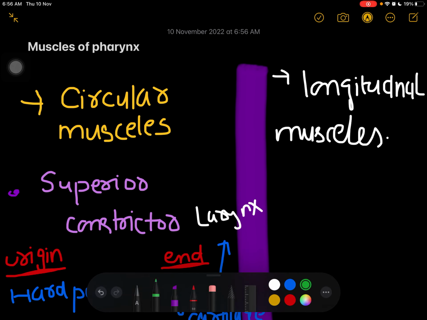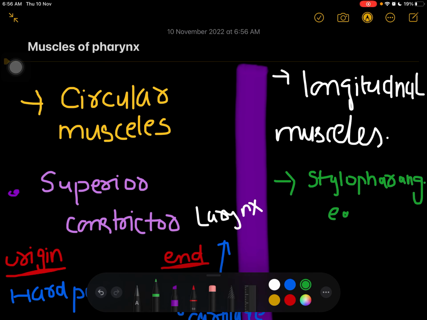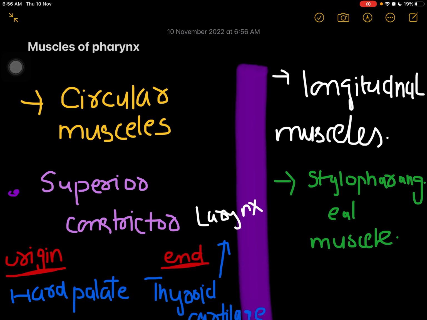Basically we are having three longitudinal muscles. Number one is the stylopharyngeal muscle. It is a type of longitudinal muscle, right?